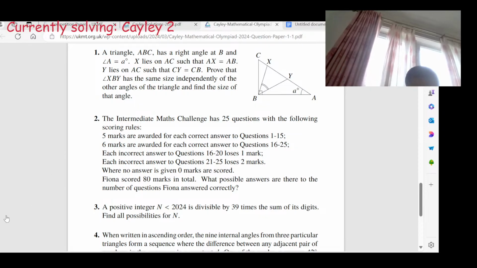Actually, I can go on mods and see what people thought of the problem.